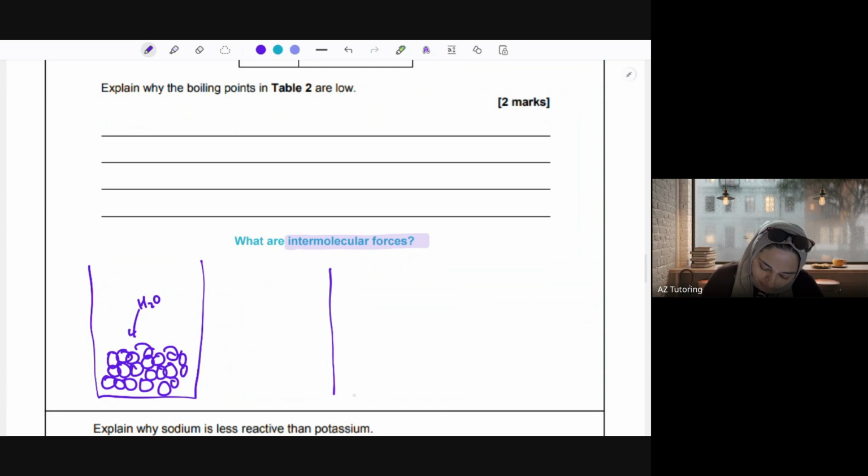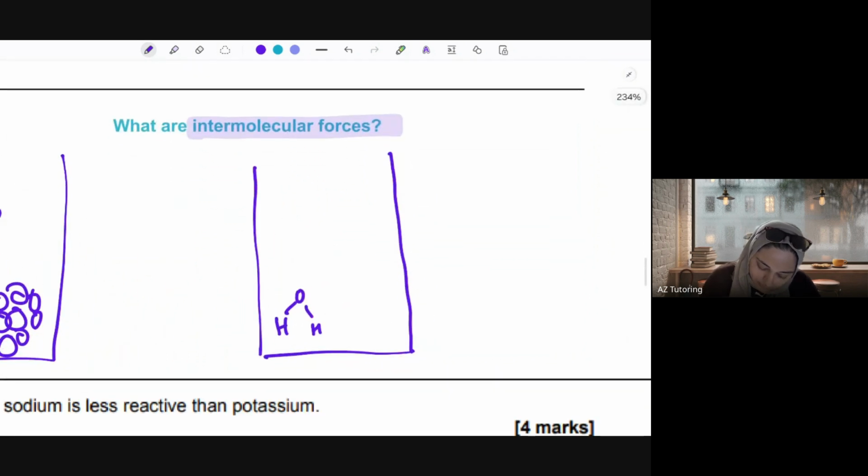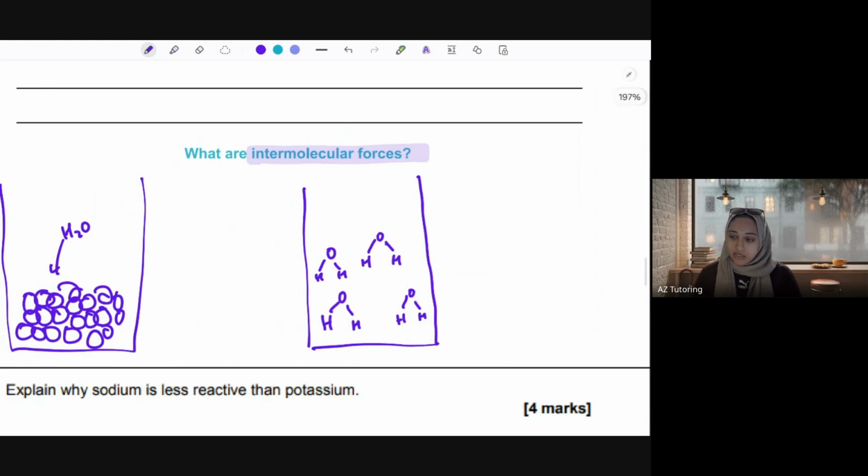So let's draw that out in a different way just to show you what intermolecular forces are. Let's say we've got loads of H2O, like so. Just draw a few here. Okay. So these are all representing each little circle. So how are all these joined together? They're joined together by intermolecular forces, the hydrogen with the oxygen, just like so.